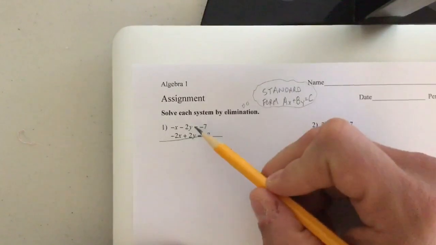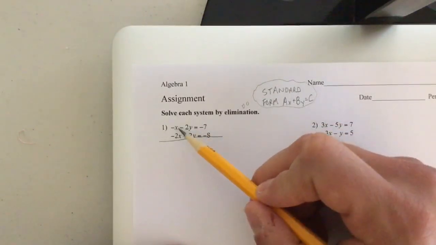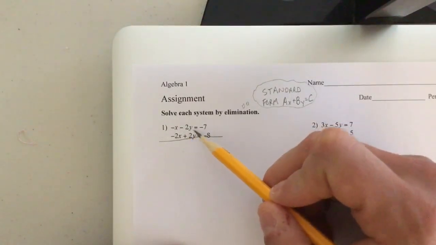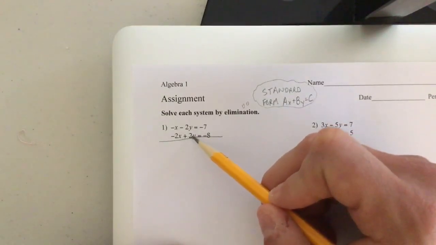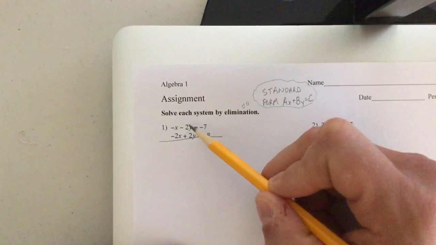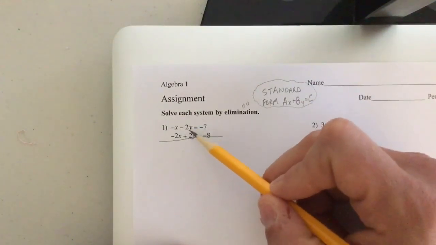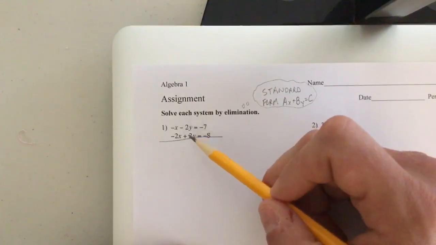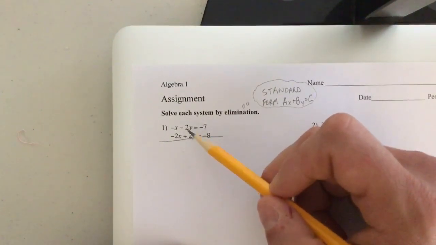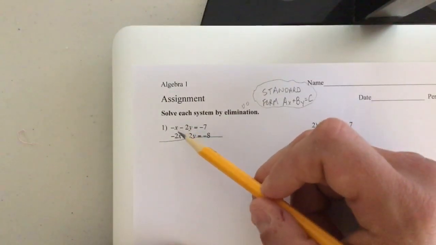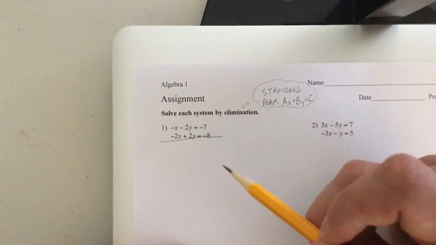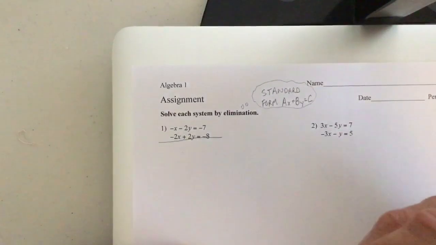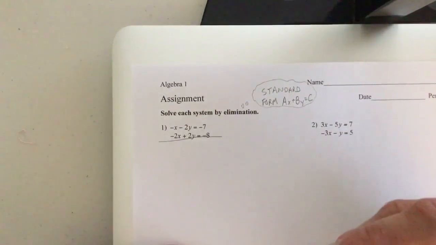Well, here we have negative x minus 2y equals negative 7. Negative 2x plus 2y equals negative 8. Do you see how we have a negative 2y and a positive 2y? Because they are opposites of one another, when we add these 2 equations together, they will cancel out. It sounds scarier than it is until you see it.